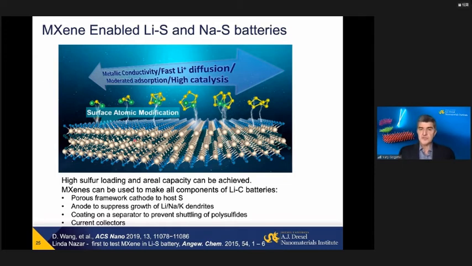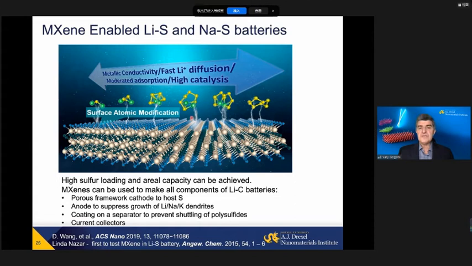They strongly adsorb polysulfides. Linda Nazar was the first one to show this behavior, and many other groups, including our group, followed up. They can adsorb polysulfide, and they can catalyze transformation.